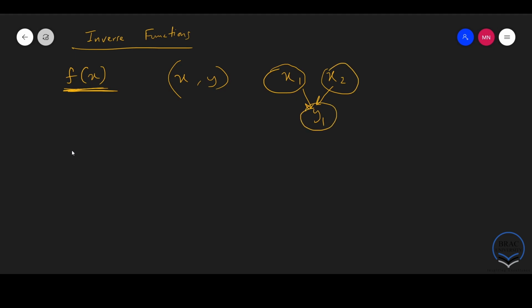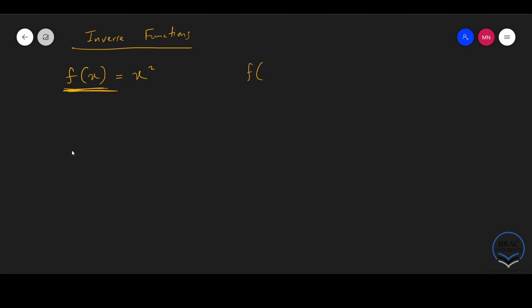We can have multiple values of x that correspond to exactly the same output. And that will still satisfy the definition of a function, because at the end of the day, each of these inputs is still corresponding to exactly one output, right? So we can take a look at an example. Let's say we have f of x equal to x squared. Now let's say that our output for this function happens to be 4.